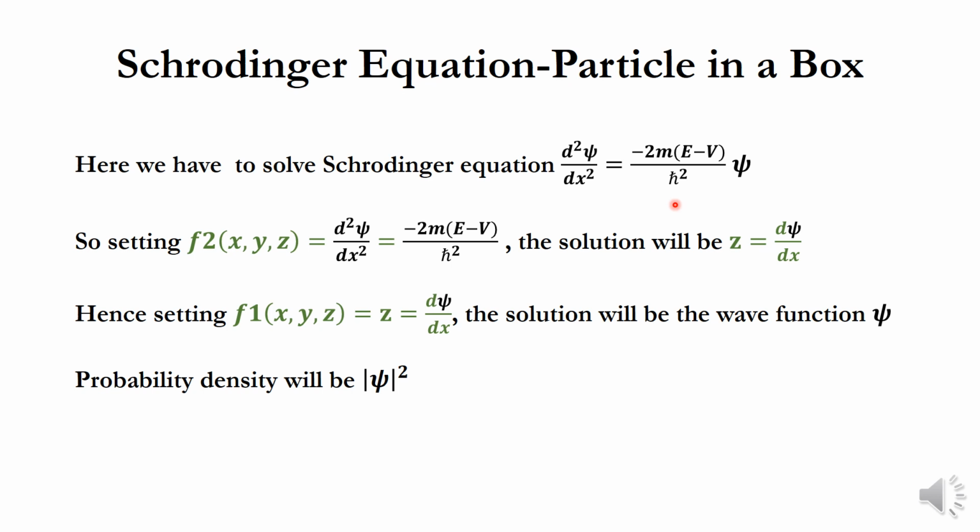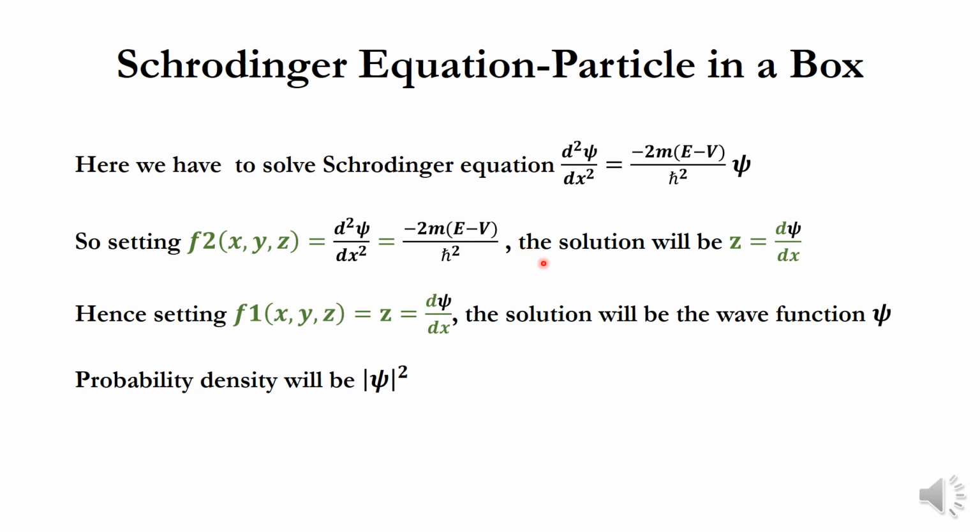So we have to solve this Schrodinger equation, that is, we have to integrate twice with respect to x to get this solution psi. So we set f2(x, y, z) as d²psi/dx², which is equal to -2m(E - V)/ħ² times psi.